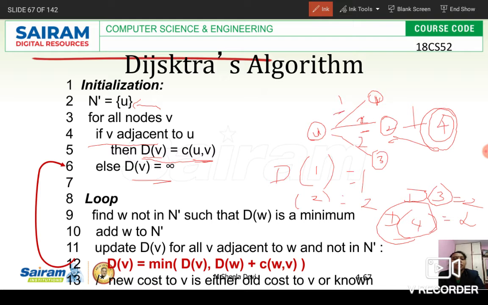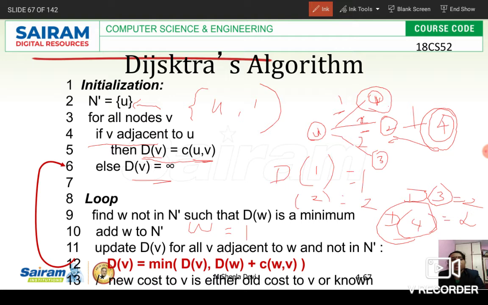See, if you take this network, 1, 2, 2, which is the minimum, which node is connected with the minimum cost? Obviously this one, node 1. So we have to select this intermediate node as w. W is equal to 1. Add w to N dash. So we have to add u comma 1, node number 1.